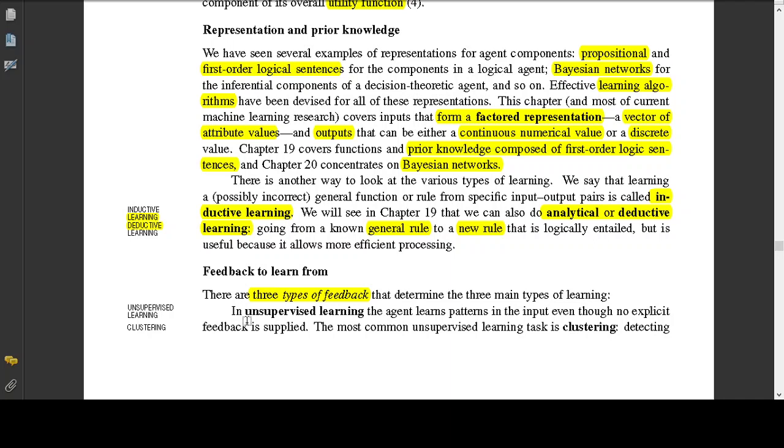And in unsupervised learning there is no such labeling. We give a set of data to the system, and it has to identify or group this data. One example of unsupervised learning is clustering. Suppose we feed the system a set of images, like images of flowers, images of human beings, images of some fruits.